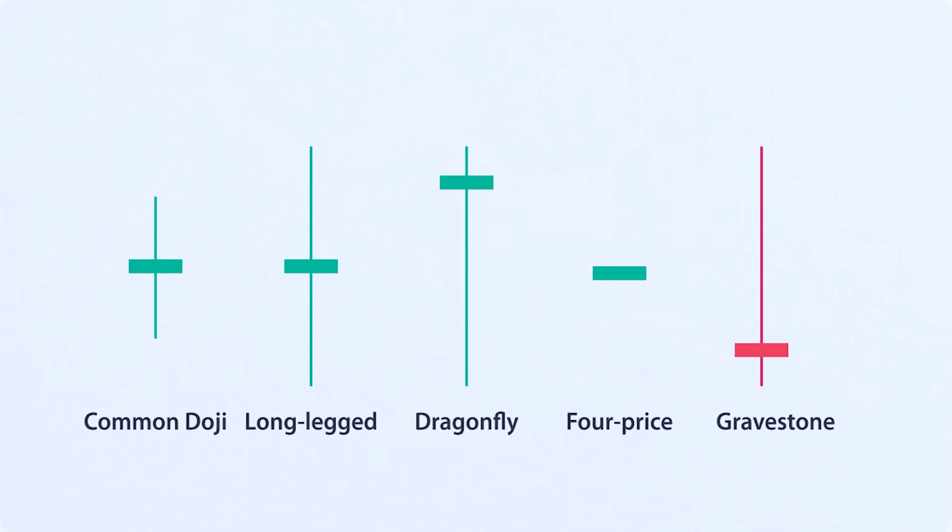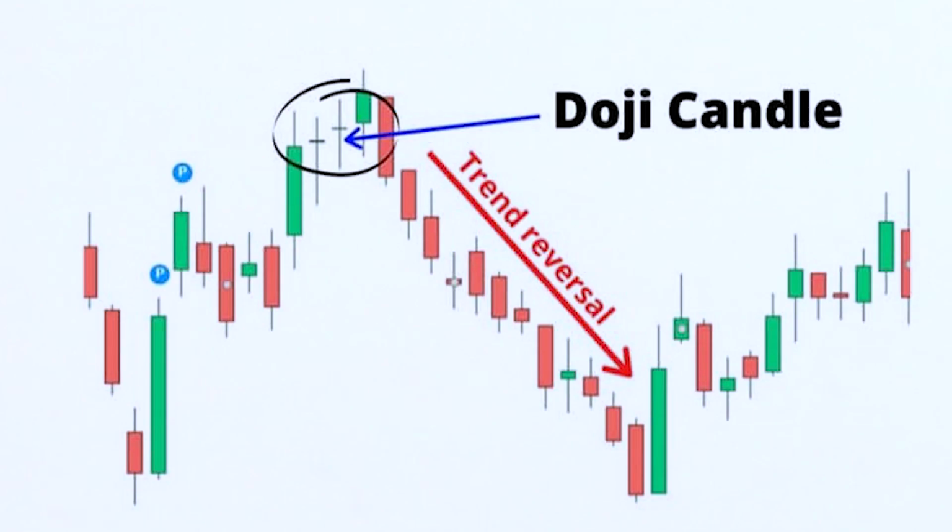This pattern suggests that neither buyers nor sellers have gained control, and a reversal or continuation could be on the horizon. Depending on the preceding trend, for example, if you spot a doji after a prolonged uptrend, it could indicate that the bullish momentum is fading and a reversal may be approaching.